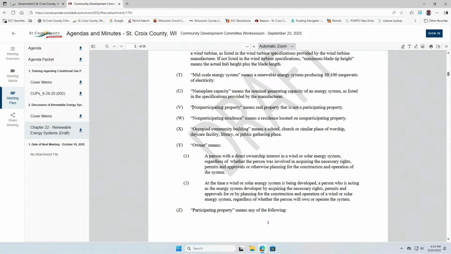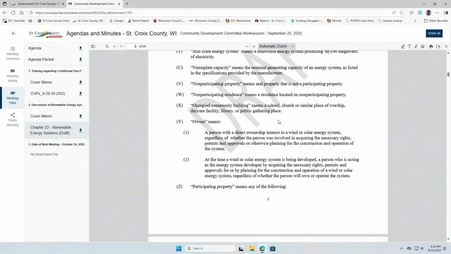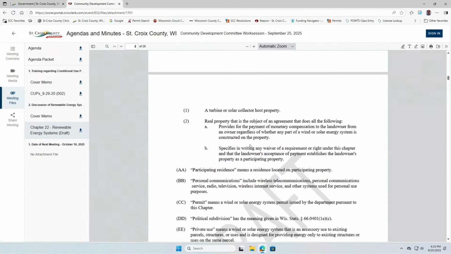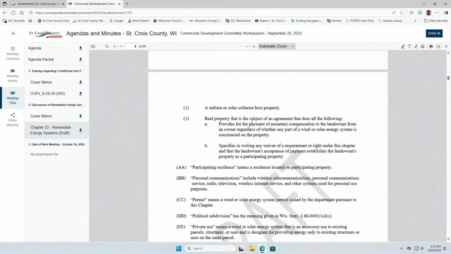We've got it defined here. A non-participating property means real property that is not a participating property in the project. A non-participating residence is a household that's not located on the property where the project is being done. Participating property is property that is subject to the agreement or under a waiver of a requirement.